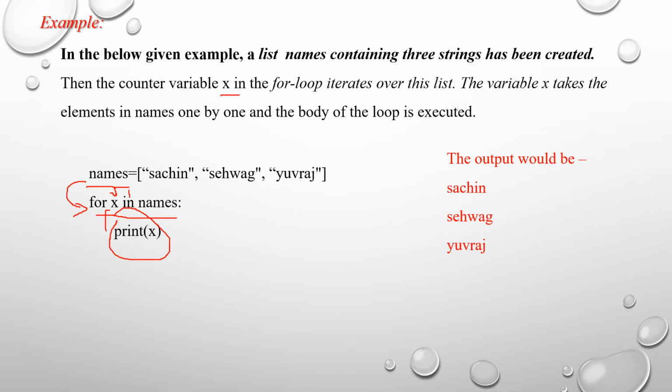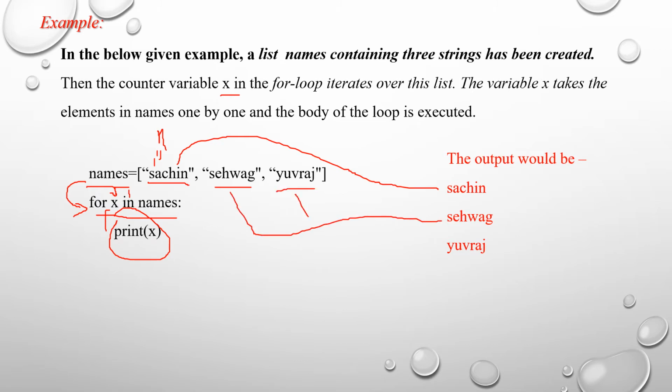If we execute this, in the first iteration x is equal to Sachin, the first element, and the interpreter prints Sachin. In the next iteration x is Sehwag, so it prints Sehwag, and in the next iteration x is Yuvraj, so it prints Yuvraj. So if we execute this, the interpreter prints Sachin, Sehwag and Yuvraj.